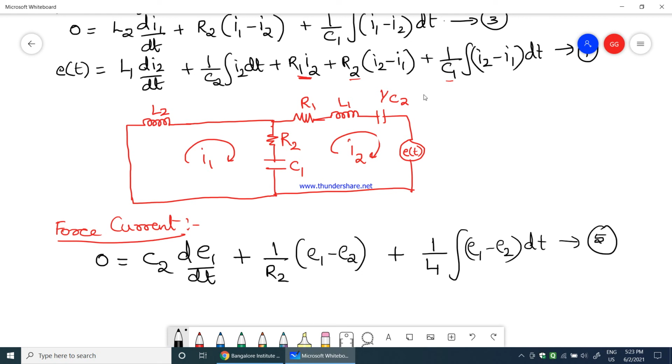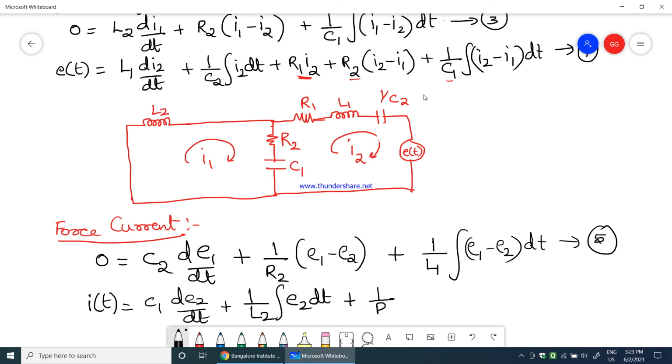Coming to 6. Now for force current, force will behave as current. Therefore i of t equals M1 into d square V2 by dt. Therefore C1 into dE2 by dt, plus the spring will now behave as an inductor, which is 1 over L2 into integration of E2 dt, plus the friction B will now behave as 1 over resistor.